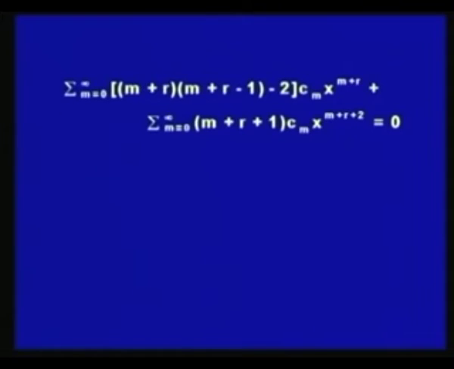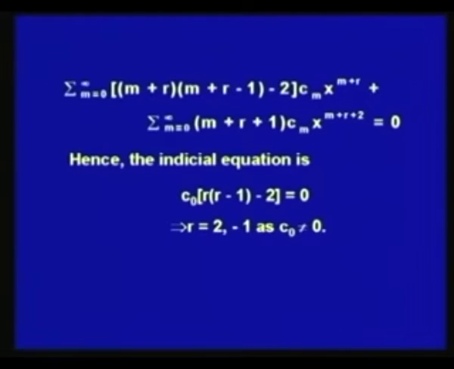We will get sigma m equal to 0 to infinity (m plus r)(m plus r minus 1) minus 2, into Cm into x to the power m plus r, plus sigma m equal to 0 to infinity (m plus r plus 1) into Cm into x to the power m plus r plus 2, equal to 0. Again we put the coefficient of the least power of x to 0, which we will get from the first term.